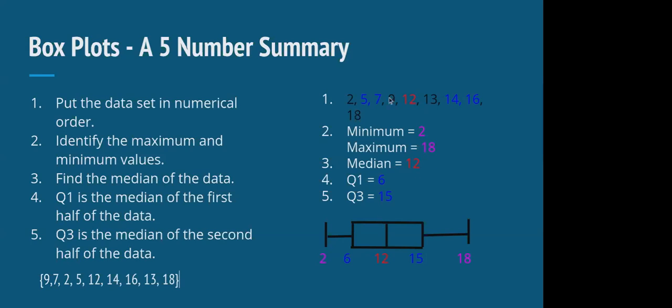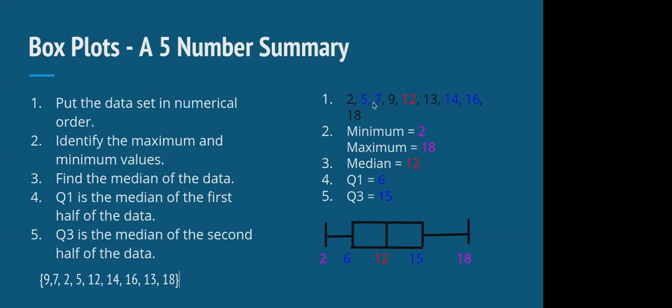So now we are merely looking at this first half of the data to find the median. So we have 2, 5, 7, and 9. Remembering way back, when you find the median of an even set of numbers, you add the middle 2 and divide by 2.